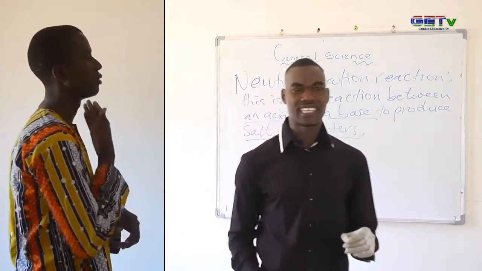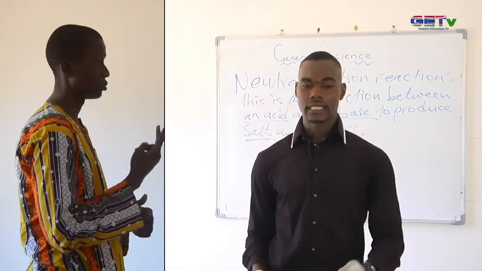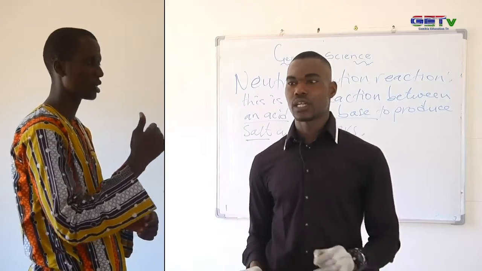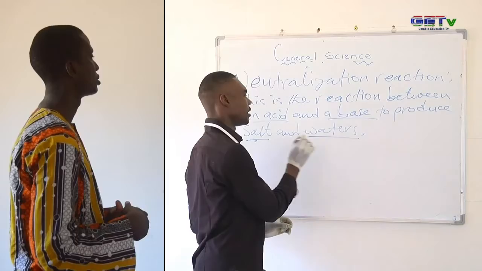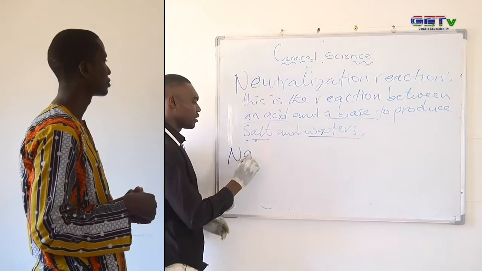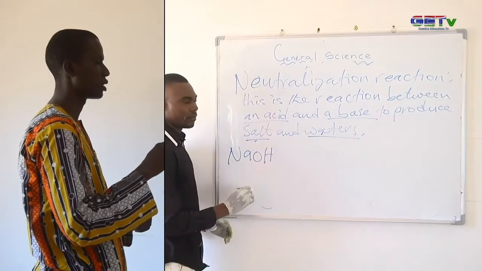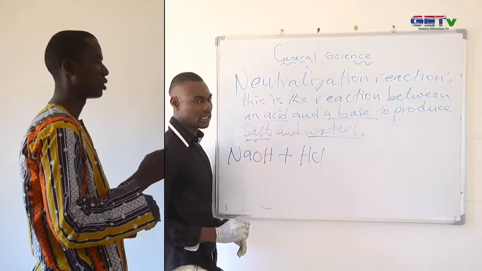What is neutralization reaction? It's the reaction between an acid and a base to form a neutral solution. And the neutral solution is what? Salt and water. For example, a base, sodium hydroxide, reacts with an acid called hydrochloric acid.